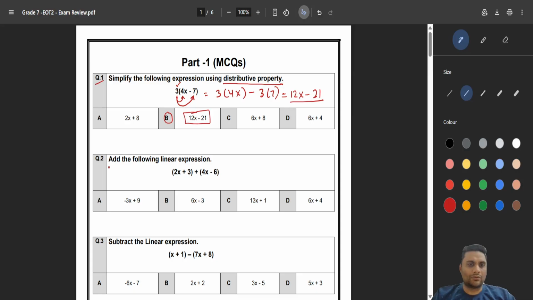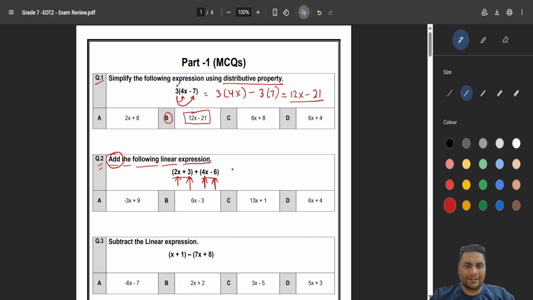Okay, now question number 2. Add the following linear expression. We have to add the given expressions. How many expressions are given here? This is expression number 1, this is expression number 2. We have to add them. Remember, when you are adding the expression, add the variable with the variable, that is x with the x, and number with the number.